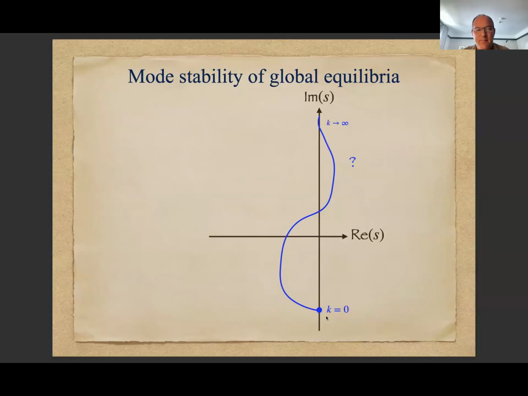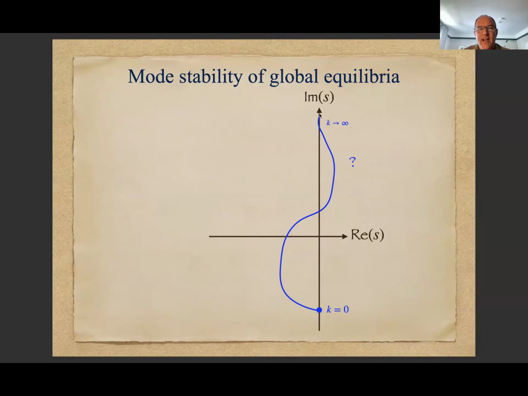Okay, now the question is what happens in between. So imagine this is a complex S-plane. We want stability, we want everything to be on the left-hand side. So we know when k equals 0, we are on the imaginary axis, but when k becomes positive, it goes in the correct direction. This is the calculation we just looked at.